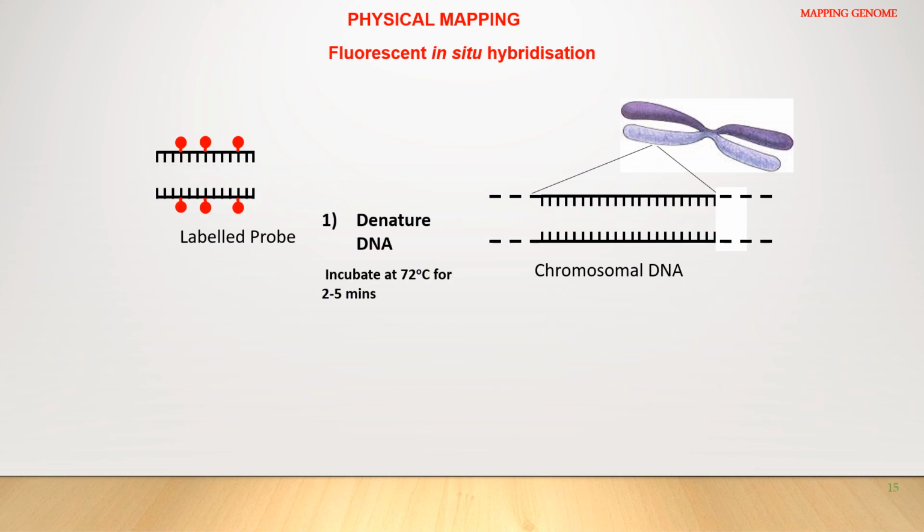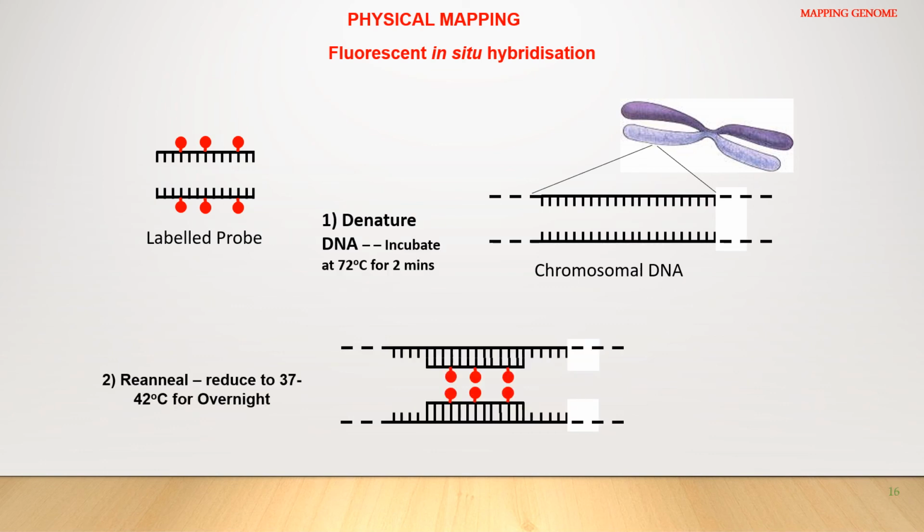The probe and the chromosomal DNA are then incubated at 72 degrees centigrade for 2 to 5 minutes to denature the DNA. This allows the separation of the double strand of DNA into single strands.